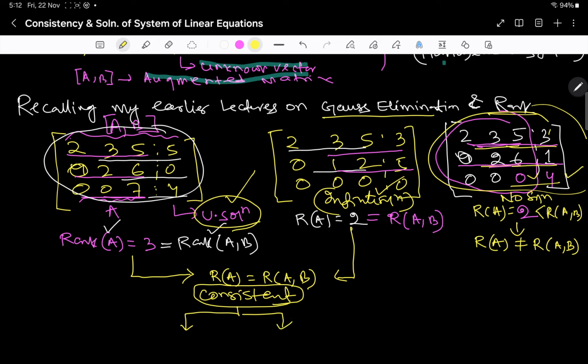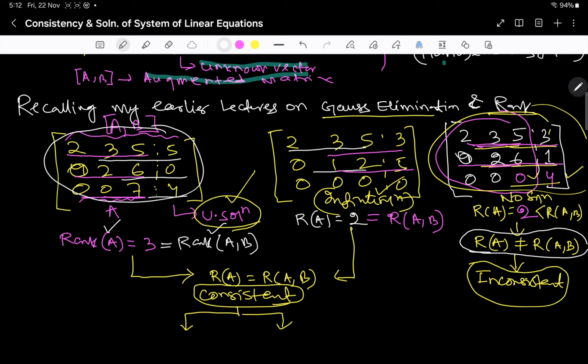There may be a unique solution or there may be infinitely many solutions, but here the system is inconsistent, means 0 is equal to 4. Whenever the system is inconsistent, the rank of the coefficient matrix is not equal to the rank of the augmented matrix.